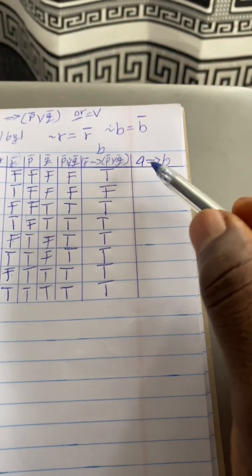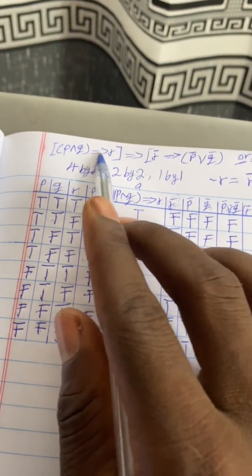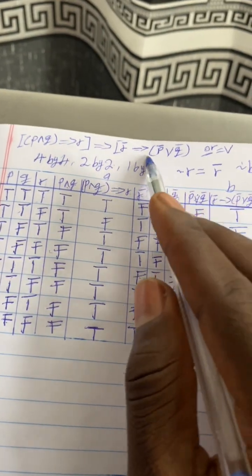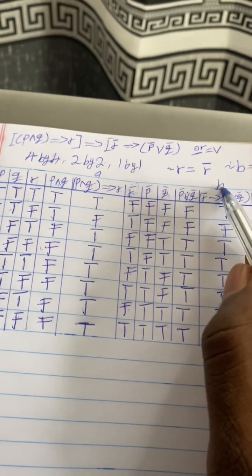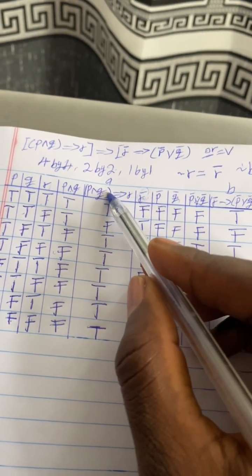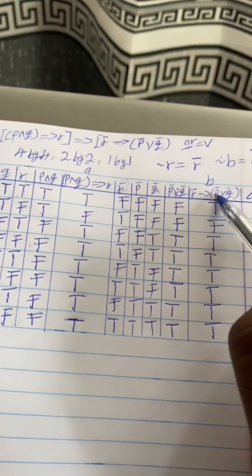So I already said I will replace this part with A and this part with B. So this part is here and this part is here.